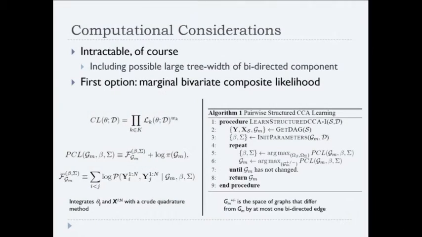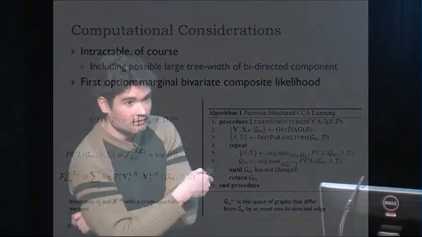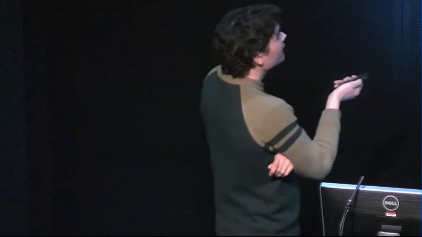Now, the most straightforward algorithm using this composite likelihood is looking at pairs of variables and then taking the sum of the log probability over all pairs. For a given graph structure that tells me which bidirected edges should exist, I have different factors as a function of that.